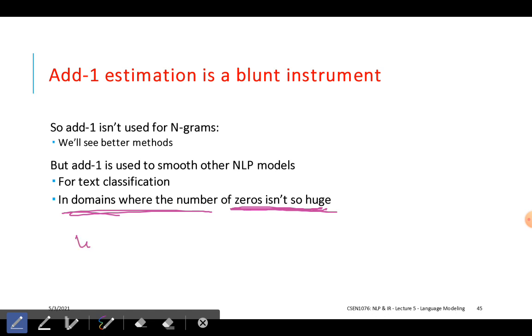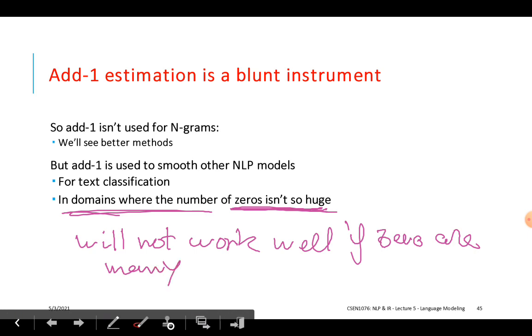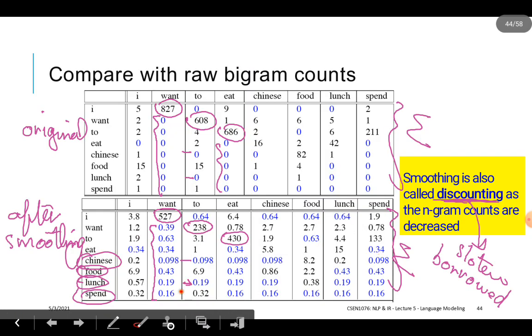But it will not work well if zeros are many, because here you're essentially generating a completely different data set than the one that you should be working with.